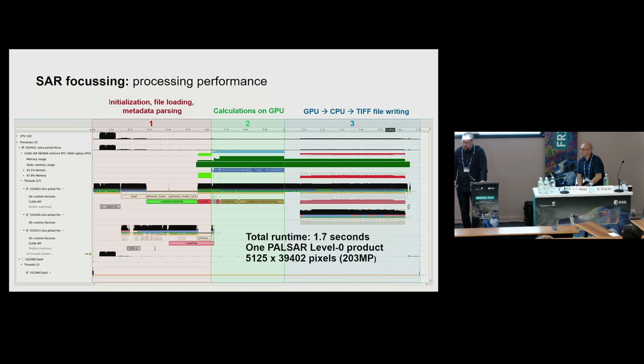So a key message here is that we know that the processing on the GPU can be very fast, but the transfer of the data to the GPUs from the CPUs could also be a bottleneck. In this case, we also did that very fast. So the end-to-end processing of one scene took 1.7 seconds. If you need to have a large reprocessing campaign, this kind of software really enables that.